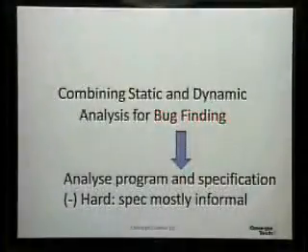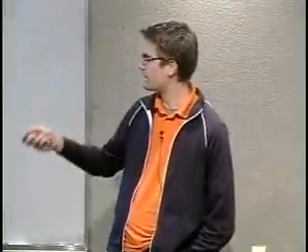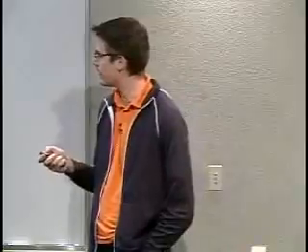And bug finding is quite hard, as many people know, because you not only need to analyze the program, you also need to analyze the specification, so what the program is supposed to do. And in software development, often you don't have a formal specification really, so that's especially hard if you only have an informal specification. And here I have an example.